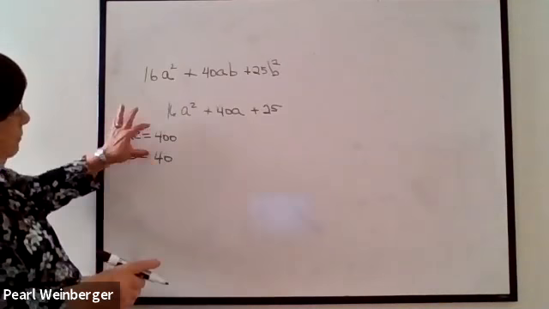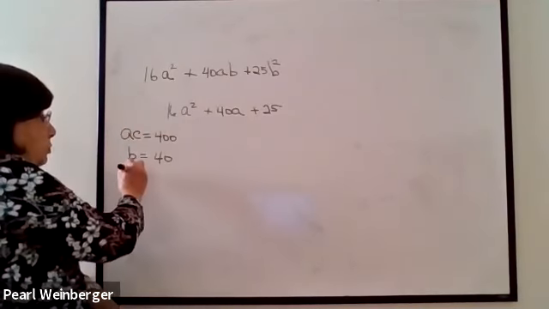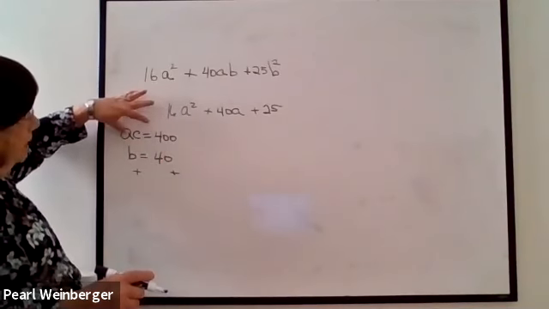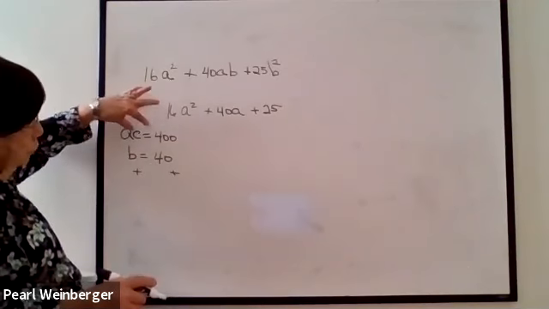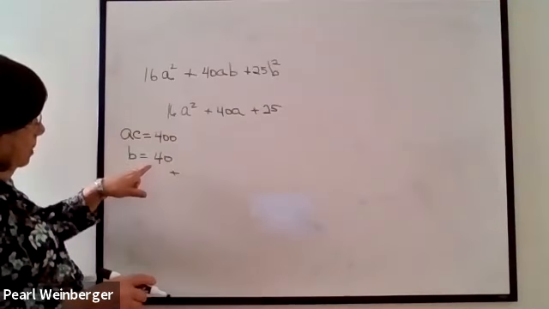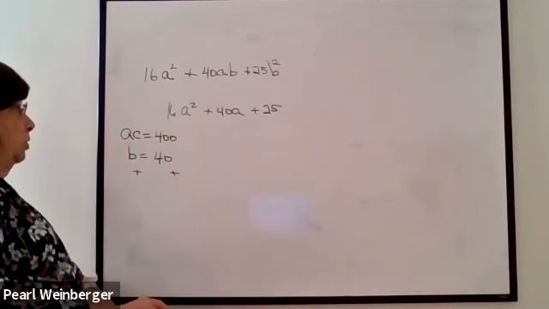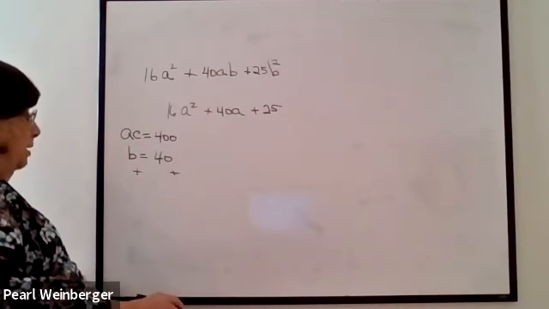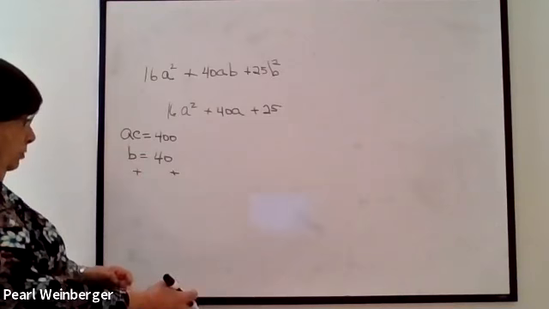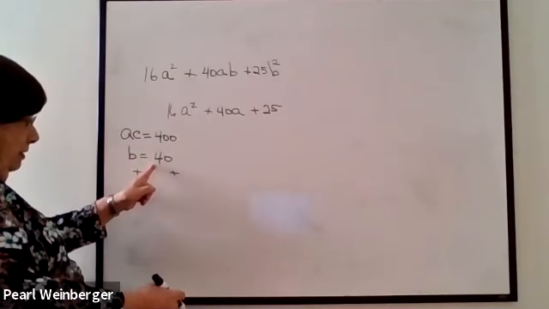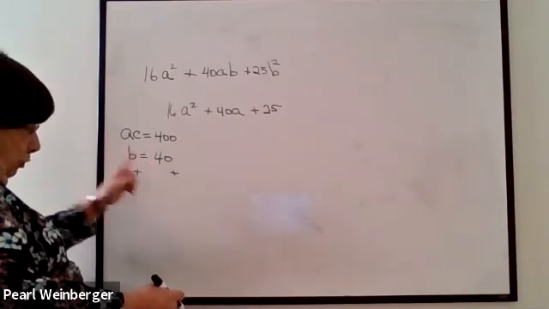Since everything here is positive, I know my two numbers have to be positive, because to get a positive product, it's either two pluses or two minuses, but the middle term being positive means everything is positive. So let's see if we can figure out what multiplies to 400 but adds to 40.